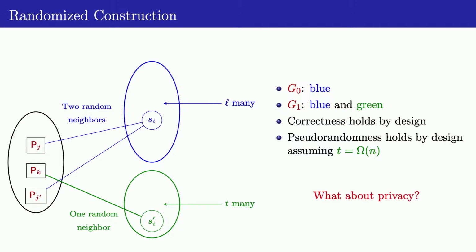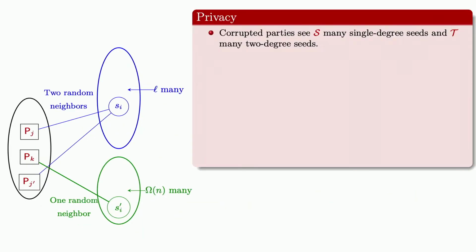Now the tricky part to see is why privacy holds. At first glance, it might look like it should not hold, because these 2 graphs look completely different. One is a subgraph of the other, so it looks like they should be distinguishable. The thing to notice is, if you corrupt a subset of parties, what do you see? You see a bunch of seeds, some shared twice, some shared once, in your share.